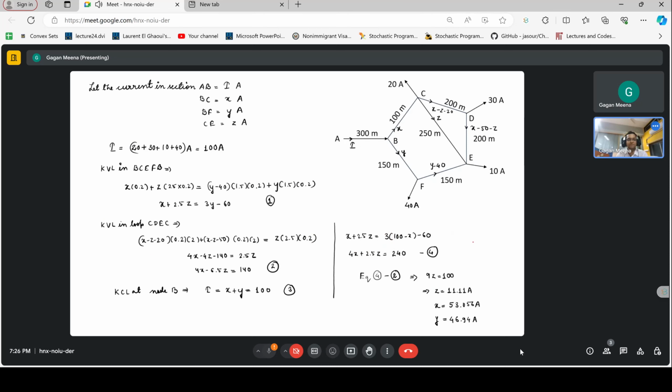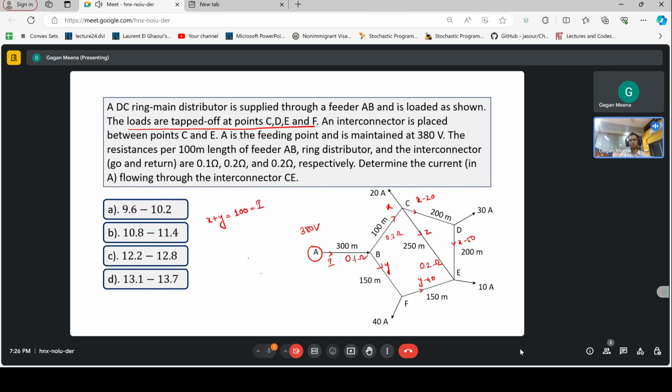Now we can write KVL in these two loops.